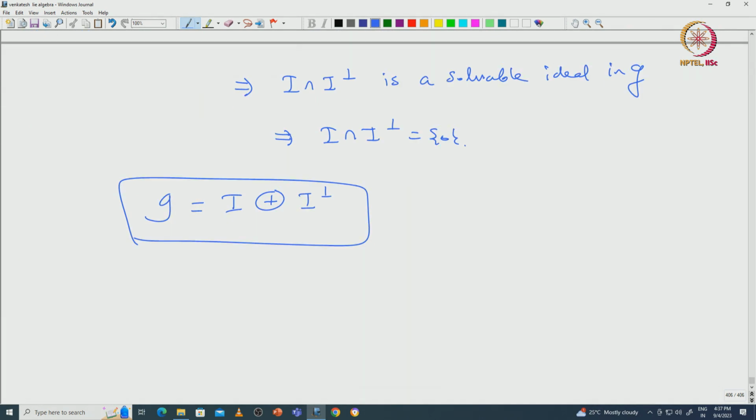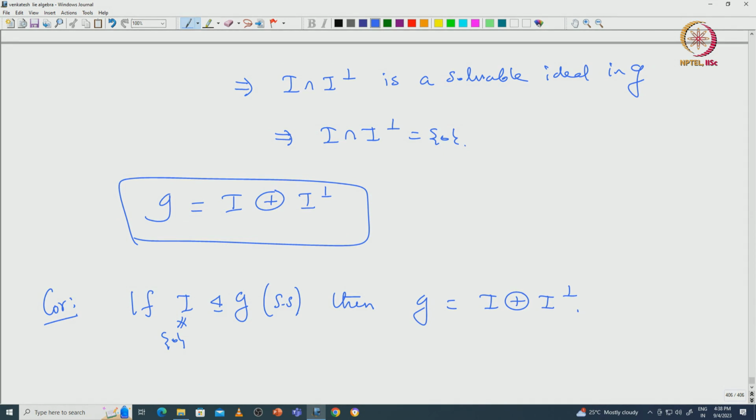We summarize this as a corollary. If I is a non-zero ideal inside G and G is semi-simple, then G can be written as I direct sum I perp. Not only that, moreover, I must be semi-simple.